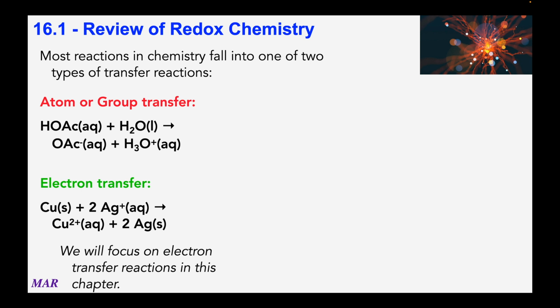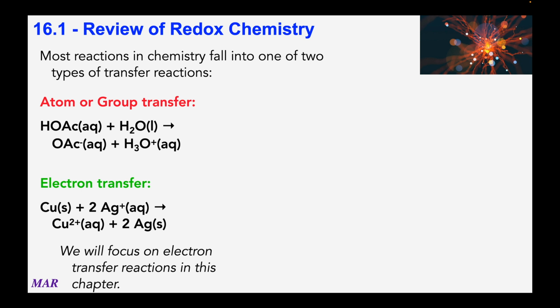Now notice that copper and silver aren't coming together, transferring stuff like that, but copper is going to copper 2 plus, so copper solid, copper as a metal, is going from a 0 charge to a positive 2 charge, and that can only happen if copper has lost electrons. Remember, electrons are negative, so the copper 2 plus is more positive than the copper. That means the copper metal has lost electrons, becoming more positive.